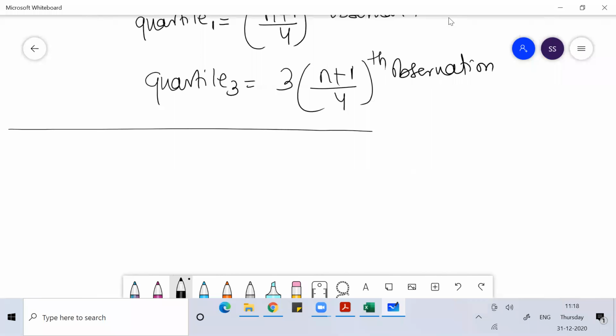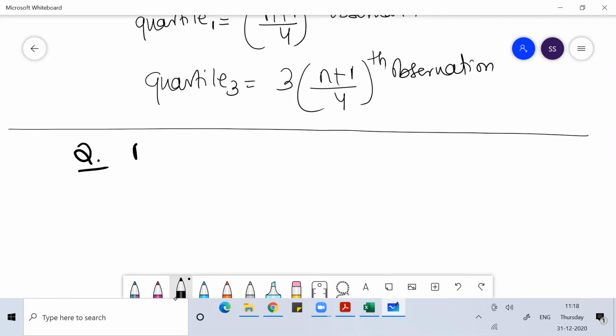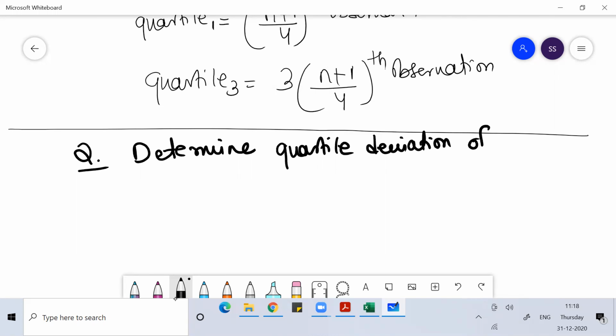Okay, going further, if I give you some problem, suppose I'm asking you to determine the quartile deviation of some numbers randomly.